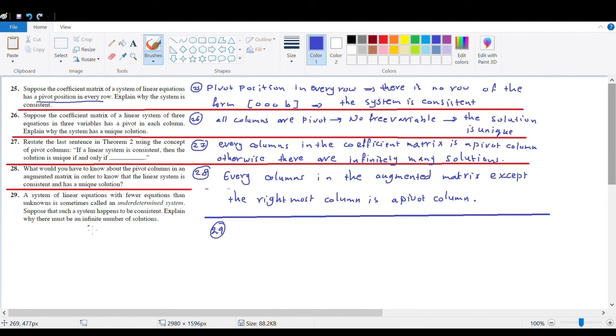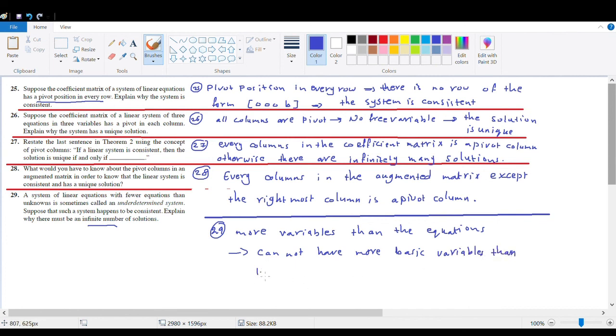So if we have an infinite number of solutions, that means we have free variables. So if we have more variables than equations, this is from the question, that means we cannot have more basic variables than equations.